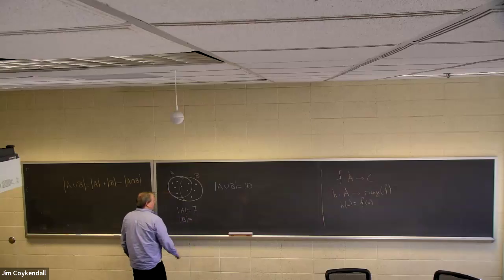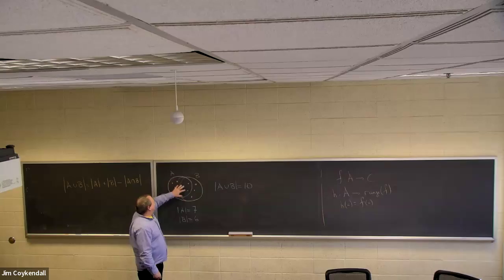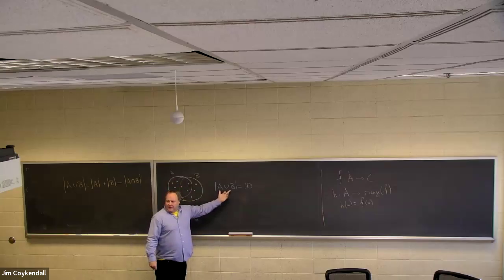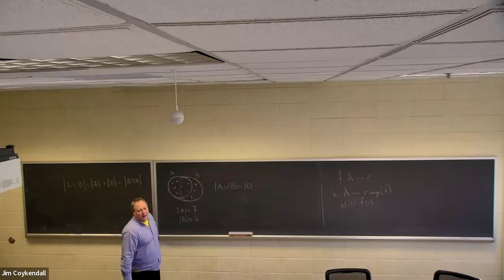And I would say there's about 6 in B. Now, if you count the elements in A and the elements in B, you don't get the number of elements in the union, you get too many. What have you effectively done? When you counted the elements of A and then the elements of B, you double counted the elements that were in the overlap.